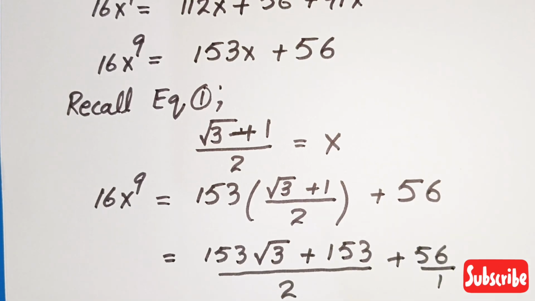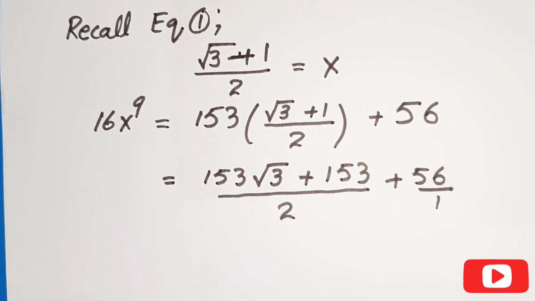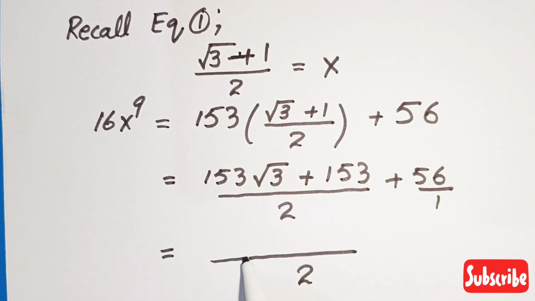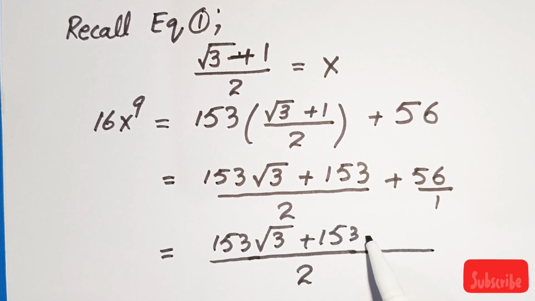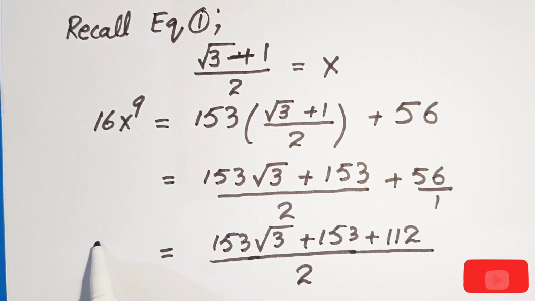Here the denominator is 1, so we have to take the least common multiple. Then 16x to the power 9 is equal to, with 2 as the LCM, 153 times square root of 3 plus 153, and plus 2 multiplied by 56 is 112. So 16x to the power 9 is equal to this.